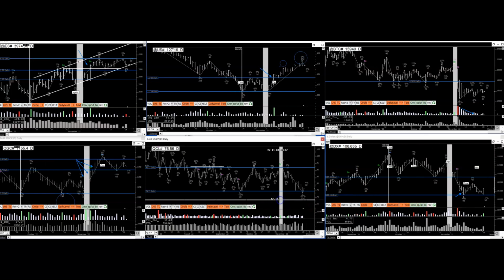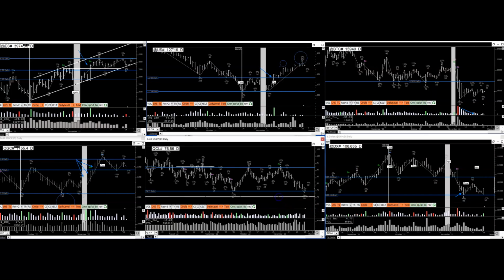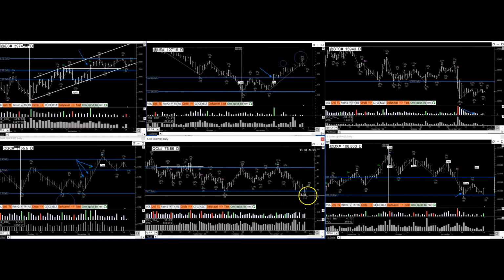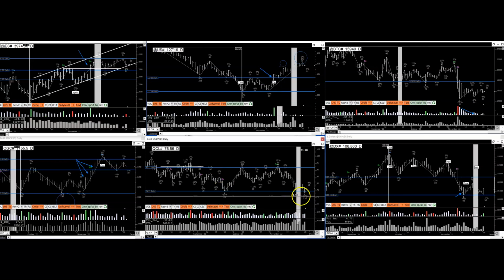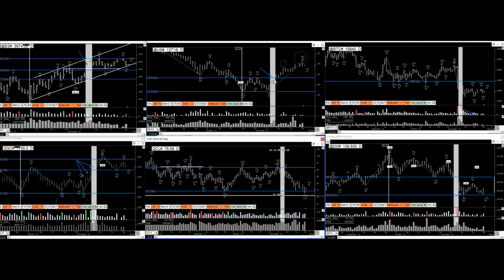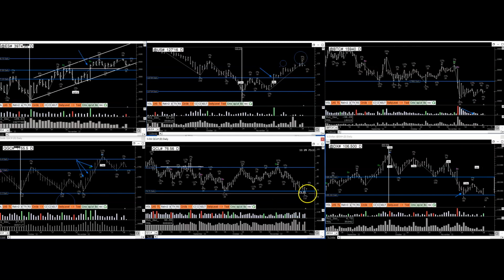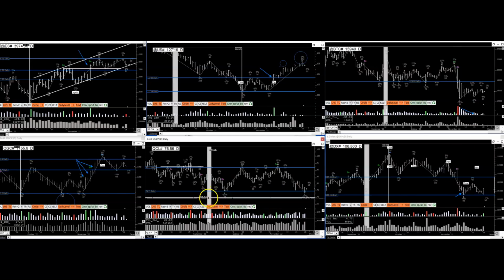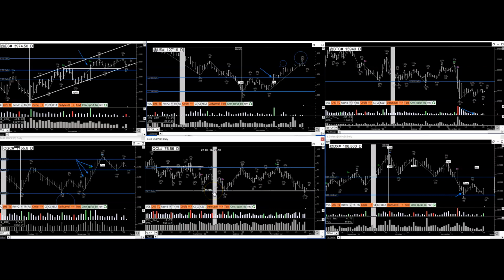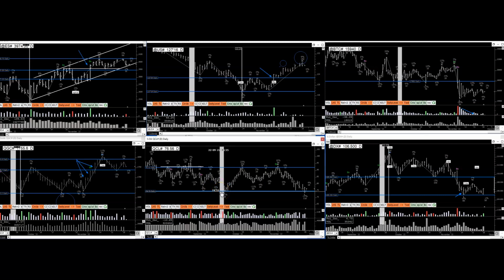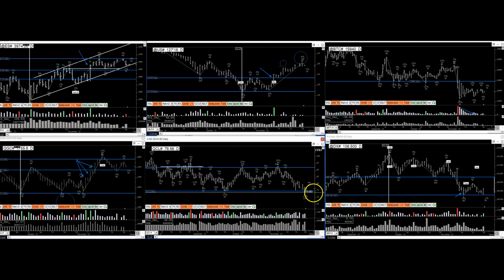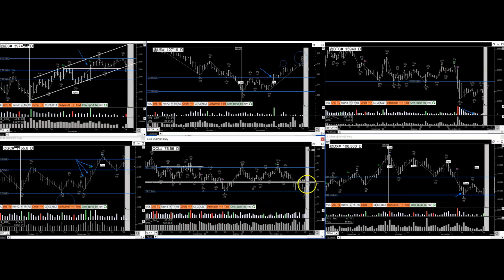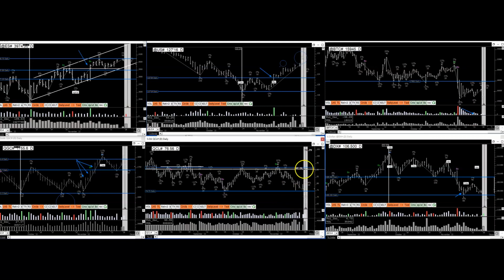So anyway, here on the crude, it's in a spring position. I can't really make heads or tails of this, but what you can say is that it didn't break down below the range low. So that's important. Will we see a spring over here? Will we see a spring?